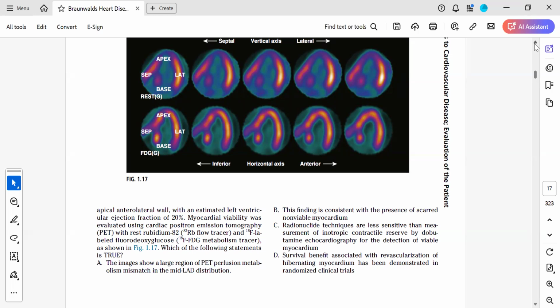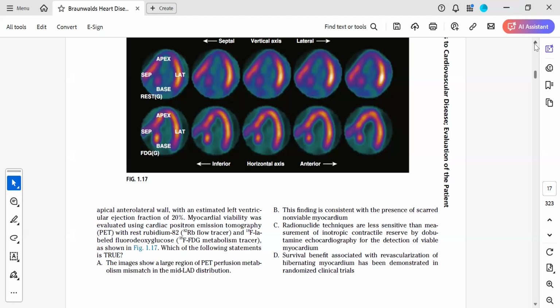A, the images show a large region of PET perfusion metabolism mismatch in the mid-LAD distribution. B, this finding is consistent with the presence of scarred non-viable myocardium.